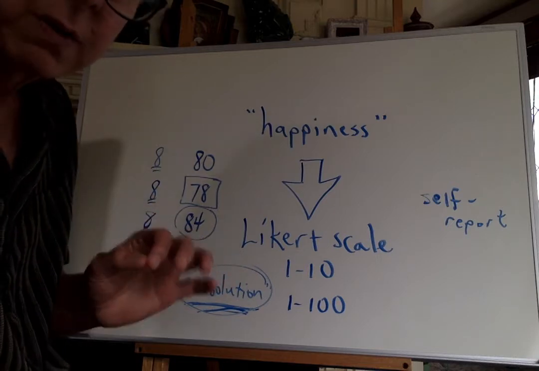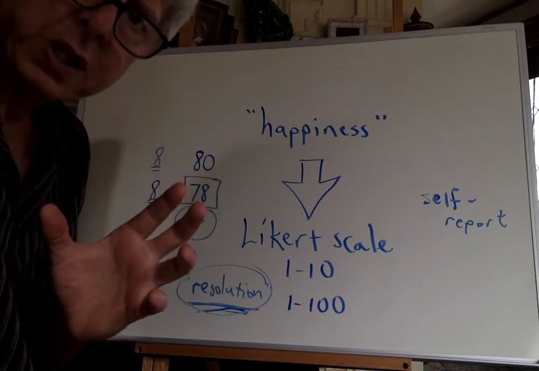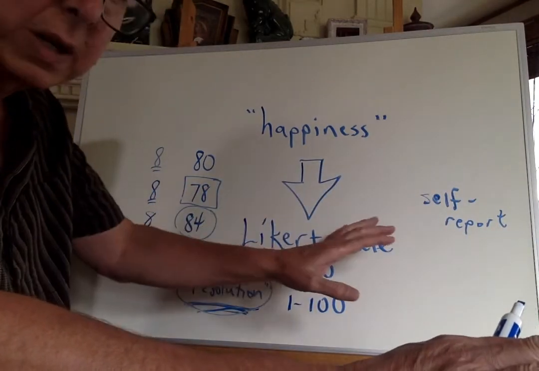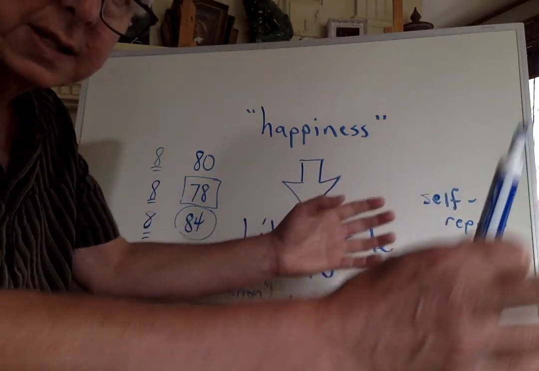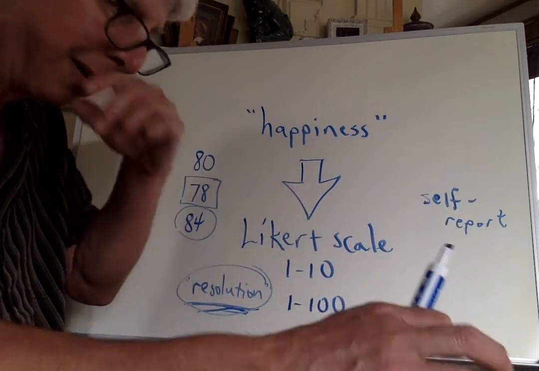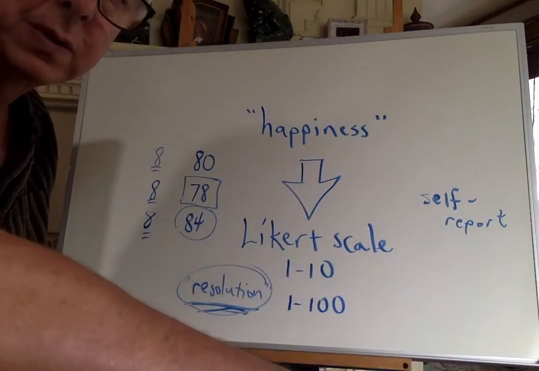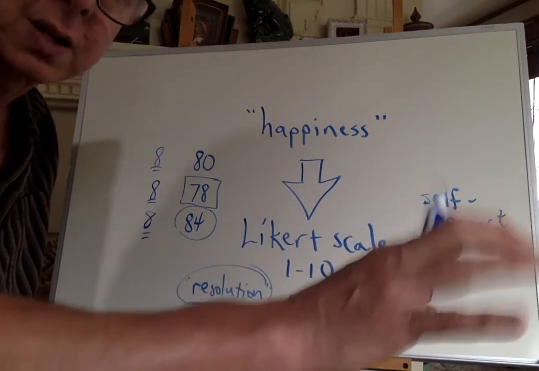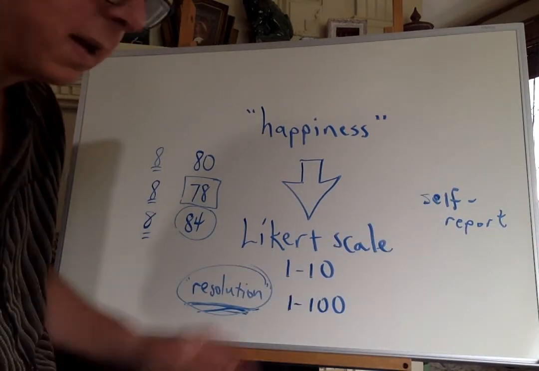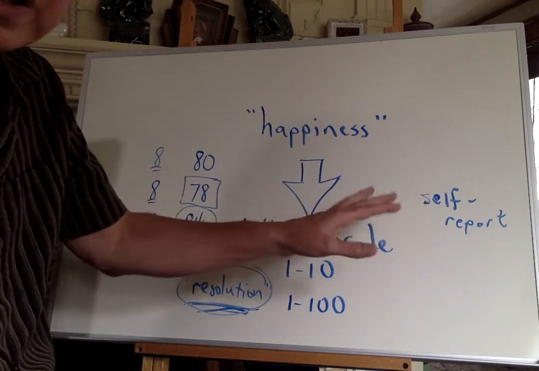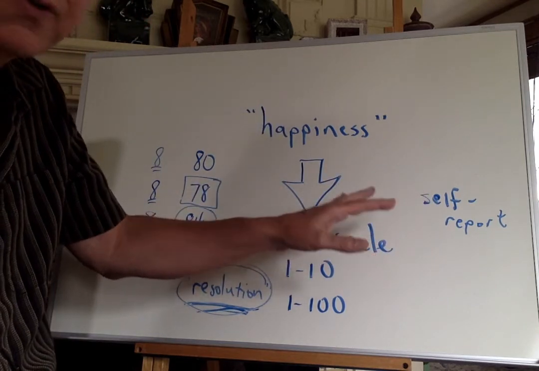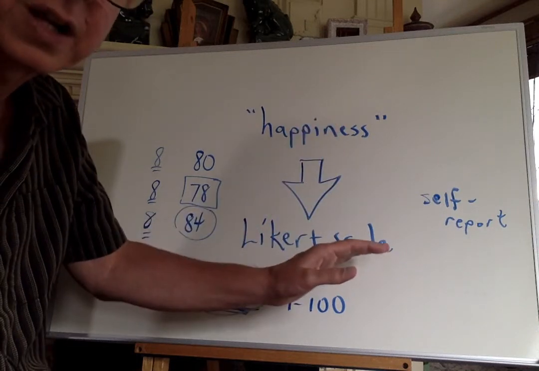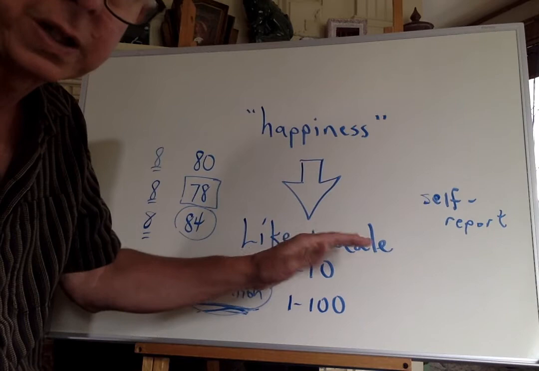Also, this is why researchers always use groups of individuals. If I have 20 people over here and 20 people here, and I'm asking people to self-report, out of these 20 people, I know there's going to be some people that are really tough graders when it comes to grading their happiness. But I also know that's going to be the case over here. So out of 20 people, there might be 5 people that are really tough. They're not going to say 8 unless they're really happy.